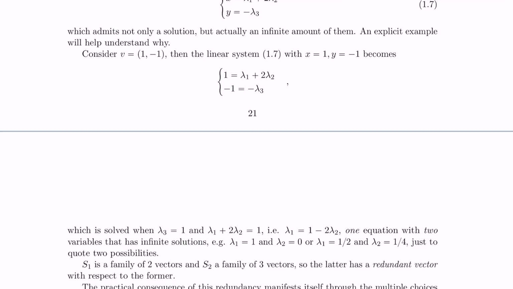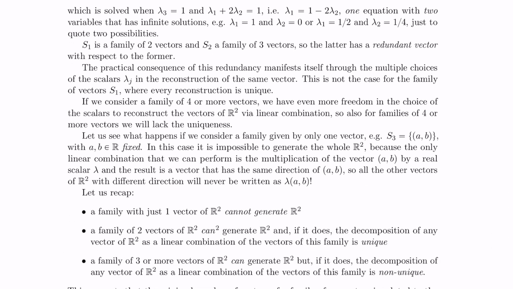Now notice something very interesting. The family S1 has two vectors, and we could reconstruct in a unique way every vector of R2 by performing linear combinations of these vectors.